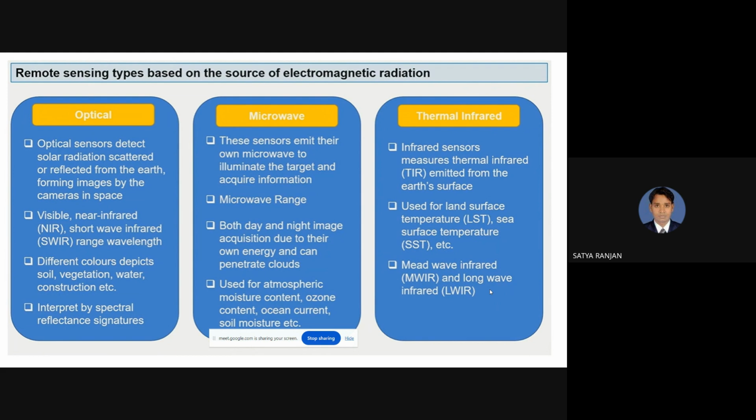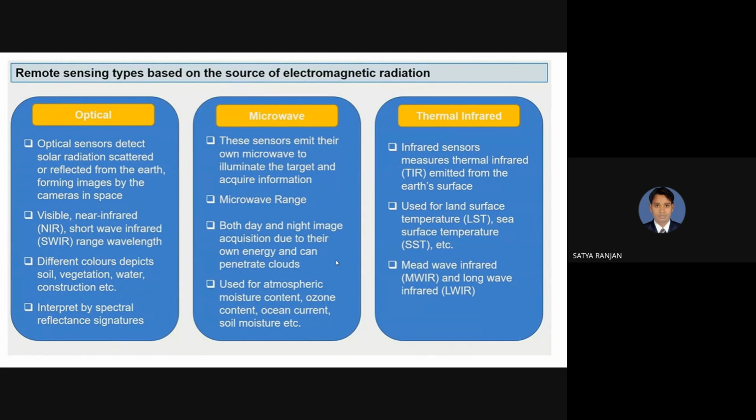These have a longer wavelength as compared to the optical range, and it is cloud free data, basically used in flood monitoring, disaster management, and earthquake management. Both day and night images are acquired, along with atmospheric moisture content and ozone content. So these are all the applications in the microwave range.